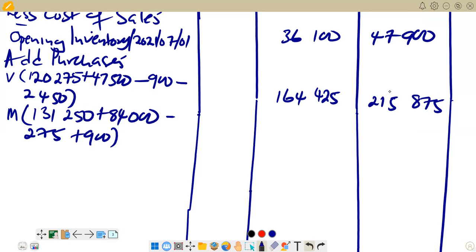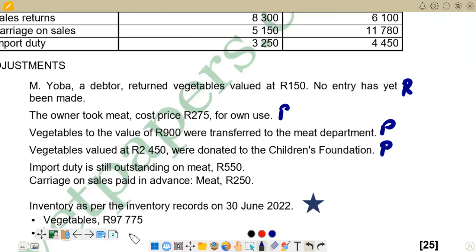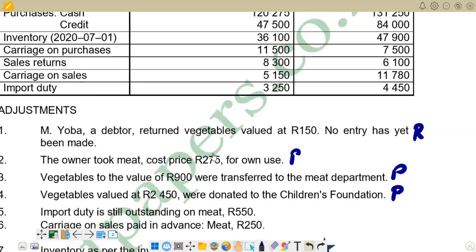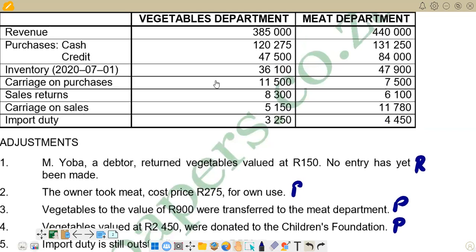Right. So remember, after adding purchases, we check for carriage, of which we have got carriage on purchases. So let's check carriage on purchases that we have in the question. Carriage on purchases we've got for vegetables, 11,500. Then we've got 7,500 for the meat department. So we are just going to put those figures.